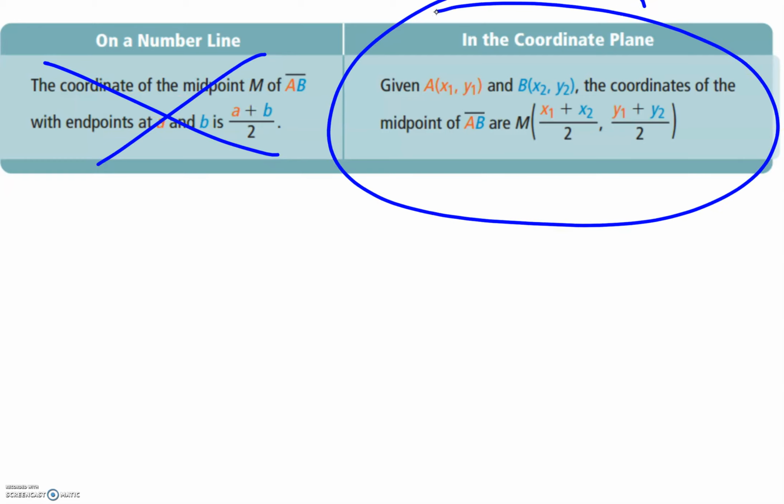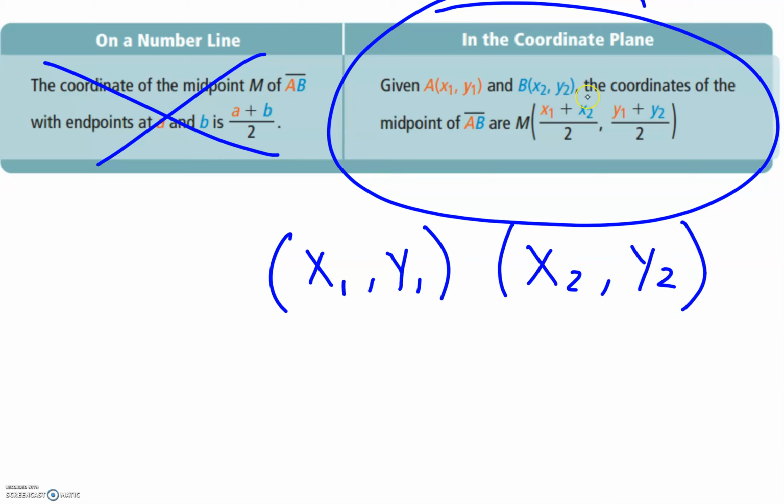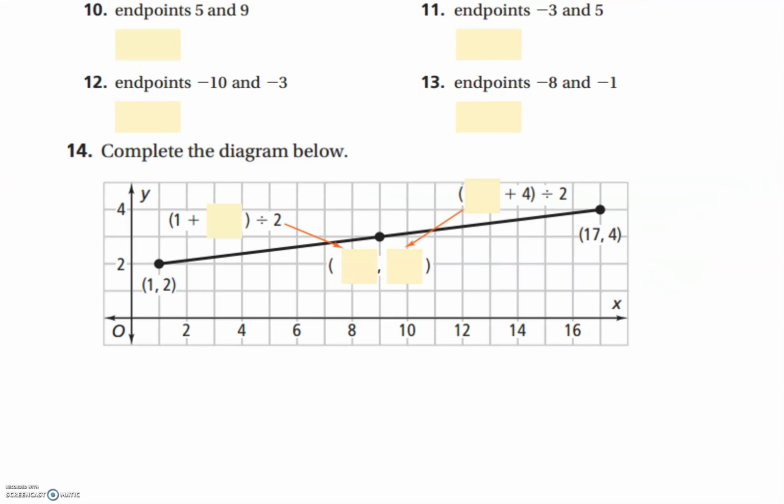So here's our midpoint formula, where you have two coordinates, x1, comma, y1, and x2, comma, y2. That's where we get these variables right here. Okay, so here I have a line. There's a couple ways we could do this. I have the point 1, 2 and the point 17, 4.